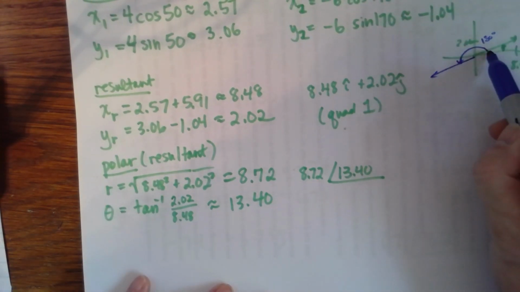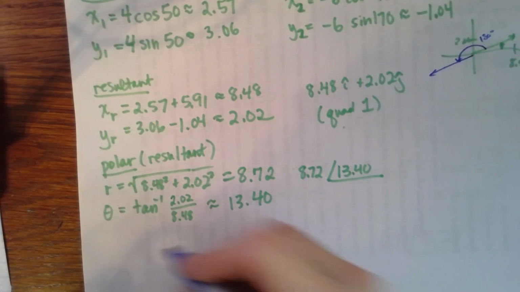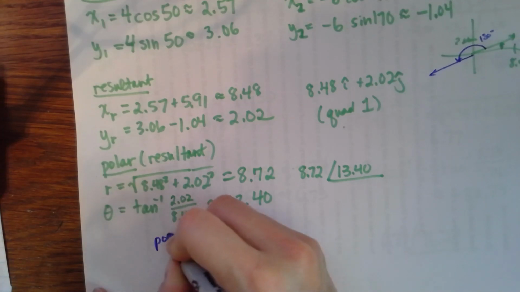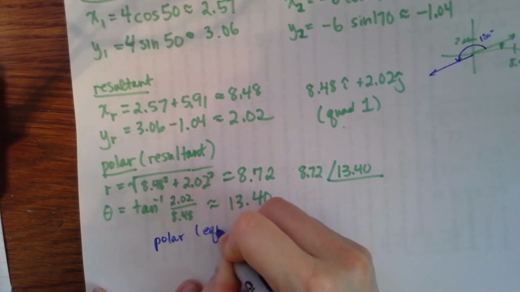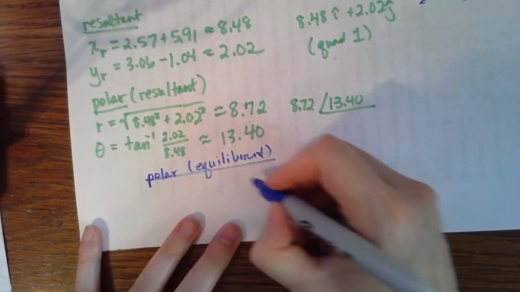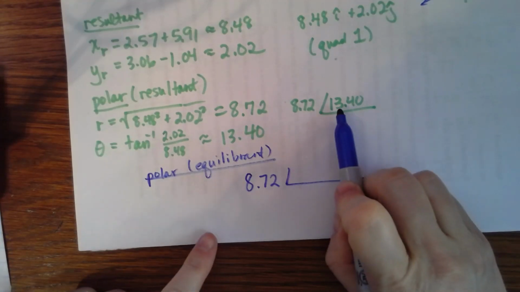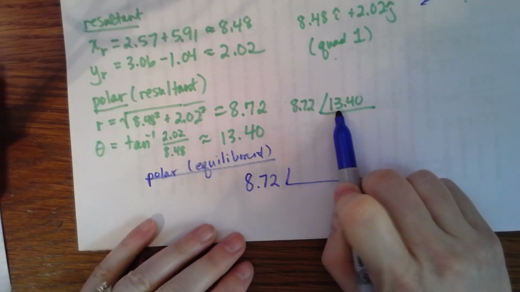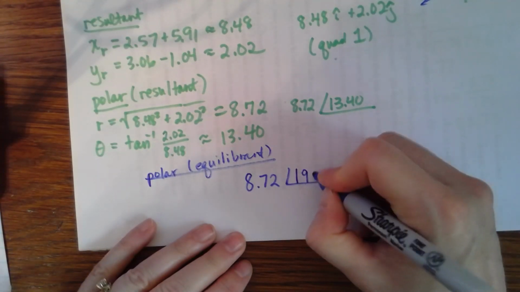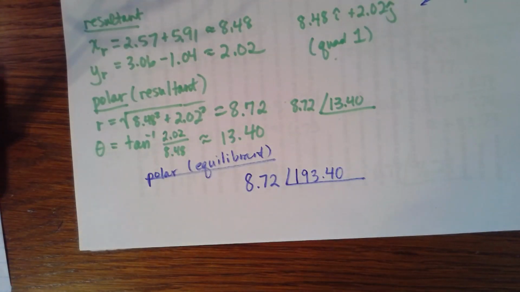Well, we can just take the angle that we had here, the 13.40, add the 180, and we'll see that the sum total, so this is going to be the polar for the equilibrant. Okay, it's still going to have a magnitude of 8.72, but the angle is going to be 180 degrees different from this one. So it's going to be 193.40.